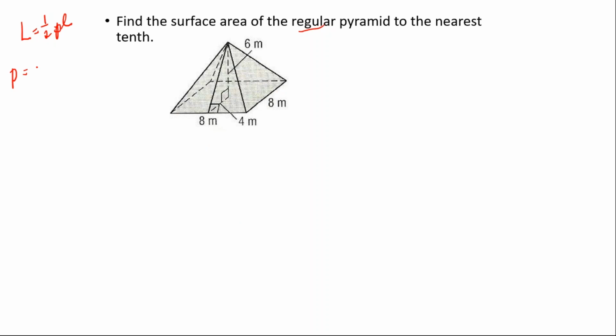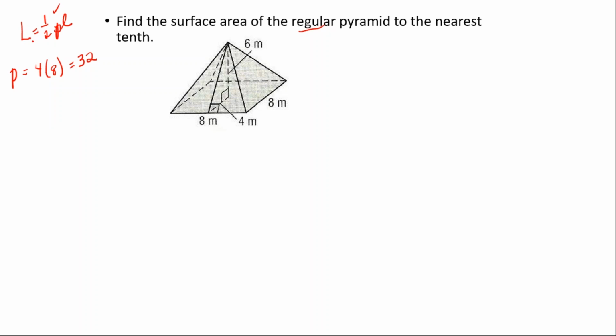So I have for the base 4 times 8 because it's a square. It's 32. So I got this one checked off. If you're not sure if it's right, send me the answer and then we can work with it, okay? I'm taking this in very small little bits.